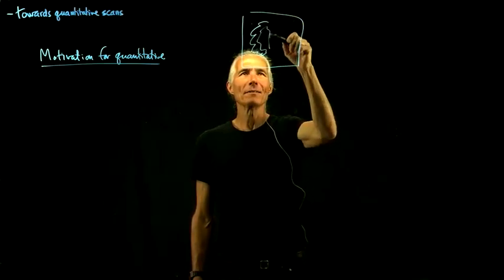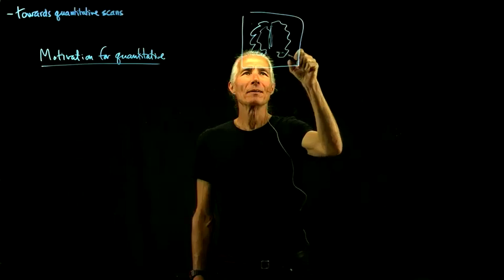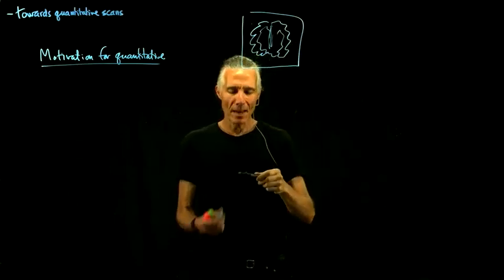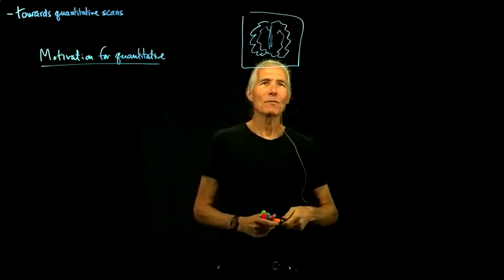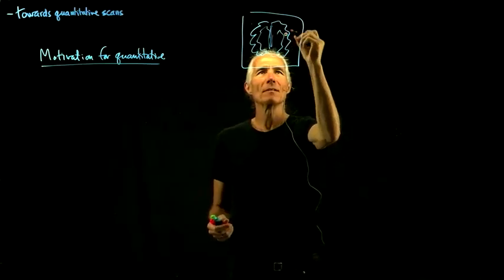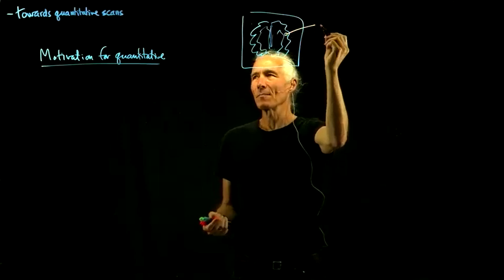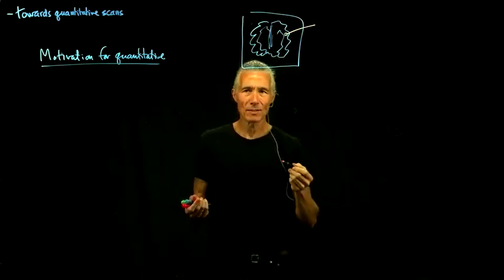There's gray matter and white matter, but the actual numbers that you get for a given voxel are really truly arbitrary.